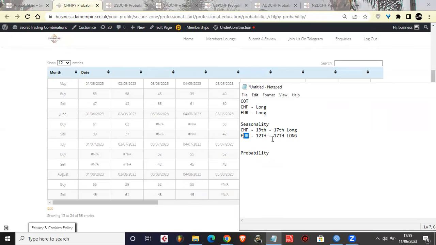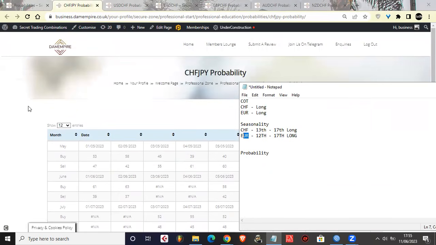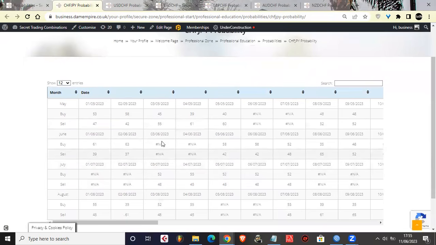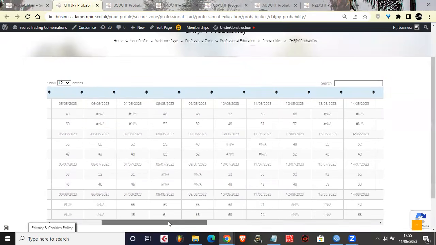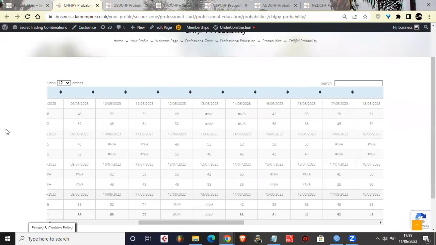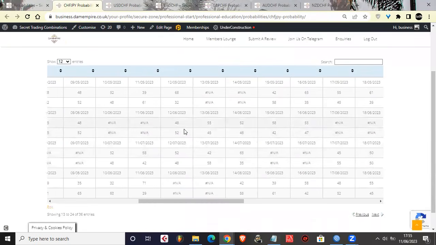So in reality, when we look at this probability now, what we're looking at is CHF JPY, and we're going to look at that for June. So since today is 11th, we're looking at June for CHF JPY. We're looking for that to go long. Now, when do we want to go long?